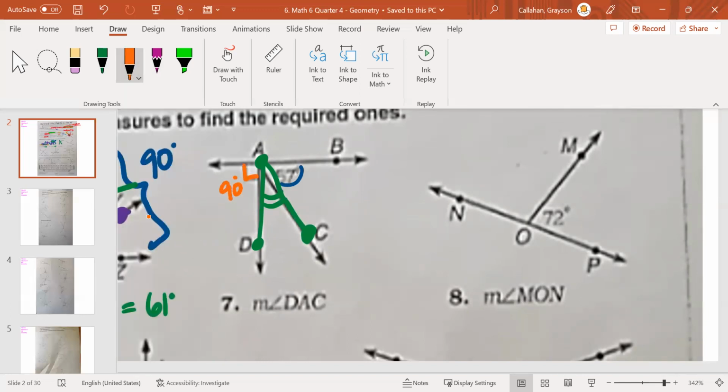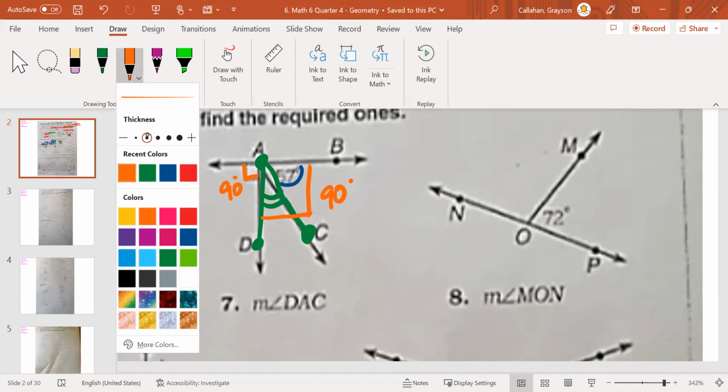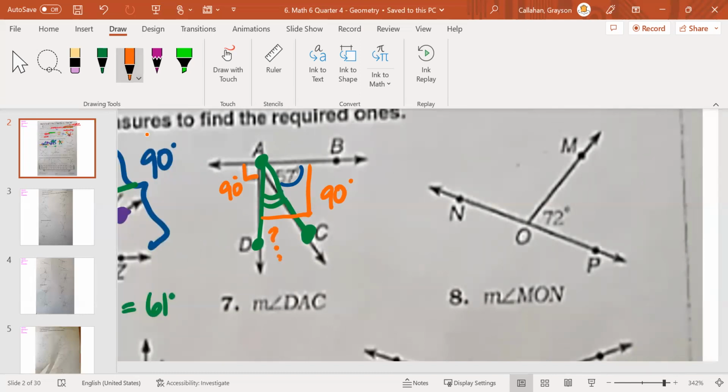So this angle is 90 degrees. You know that these two angles are complementary. They also add up to 90 degrees. Do you see that? And if they add up to 90 degrees, that means to get this angle right here, you'll take 90, and what would you subtract? 57, which is going to give you 33 degrees, okay?